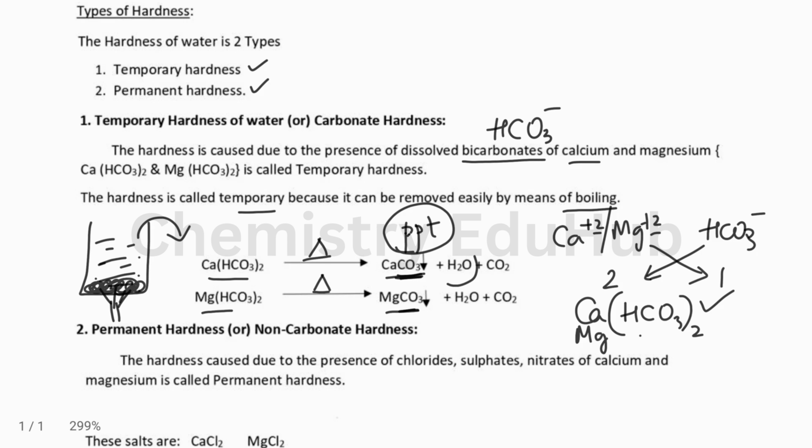The reaction also results in water, and carbon dioxide evaporates into the air. This way, temporary hardness caused by bicarbonates can be removed by converting them into carbonates which form a precipitate. This is a simple method for removing the temporary hardness of water.